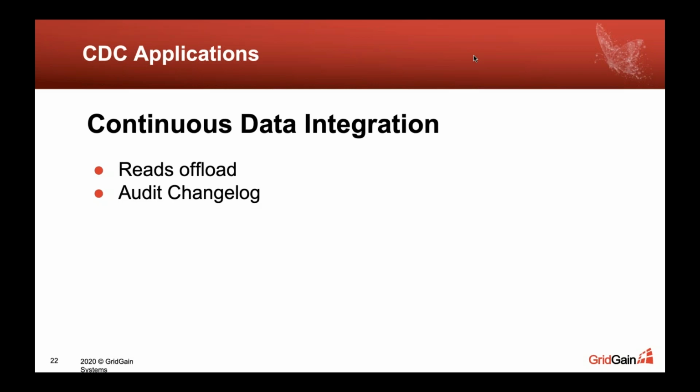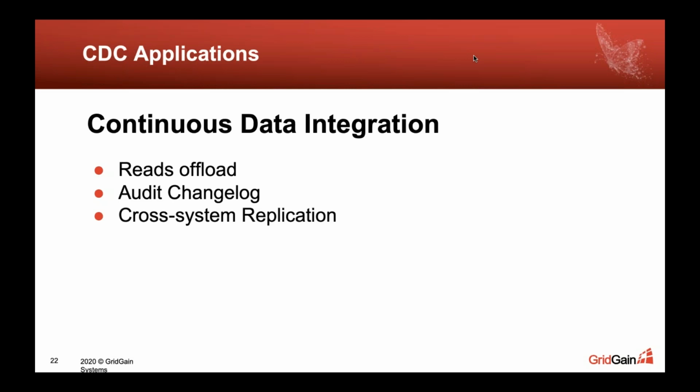And this way, if some unexpected update happened in Ignite, the audit changelog would immediately display this change, and our customer would see which subsystem introduced this change and what the previous value was.